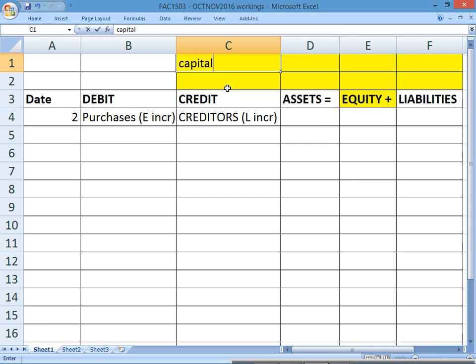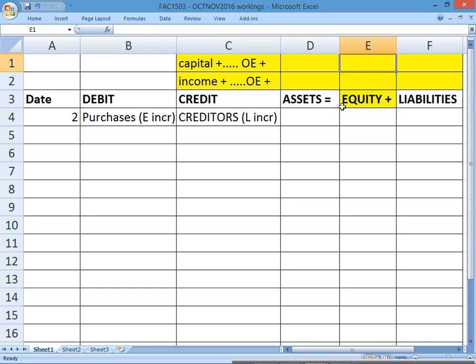If capital increases, what's going to happen to owner's equity? Will the owner be entitled to more or less? The owner will be entitled to more. There's the answer. Income. If income increases, is the owner going to be entitled to more or less? More. See, that was something that we covered previously.